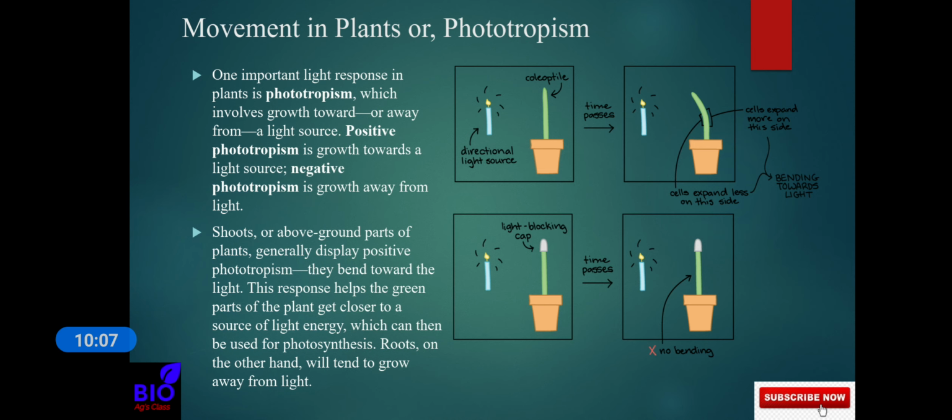That means roots don't have any attraction towards the light; they don't bend towards it. They go the opposite direction of the light, so that is called negative phototropism. I hope you have understood that.